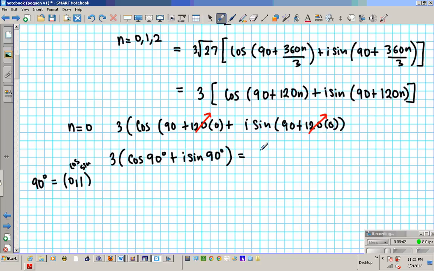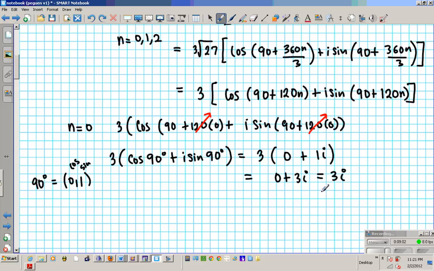So we're going to have 3 times cosine 90 degrees, which is 0, plus 1i, because sine 90 is the y-coordinate. Distribute the 3, you're going to have 0 plus 3i, which is just 3i.